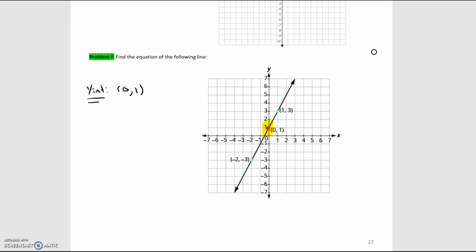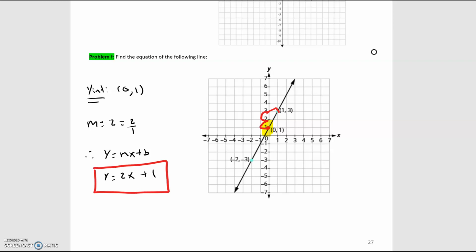We are given a second coordinate point, so you're going to go 2 up and 1 to the right. So your slope is equal to 2, or 2 over 1. And then if you write it as y = mx + b, you're going to have y is equal to 2x plus 1 as our main equation.